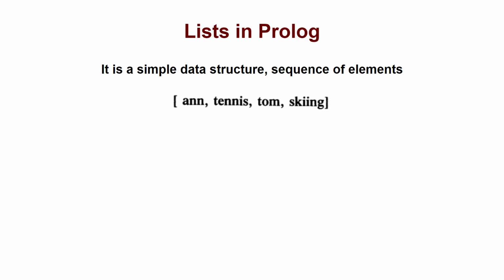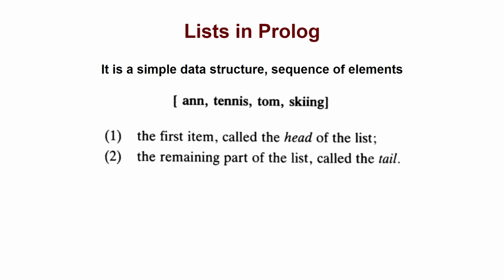Now, any given list is represented by the first item of the list, and this is called the head of the list. So in every non-empty list, the first element of the list is called the head of the list. And then we have the remaining part of the list, and we call this list the tail of the list.